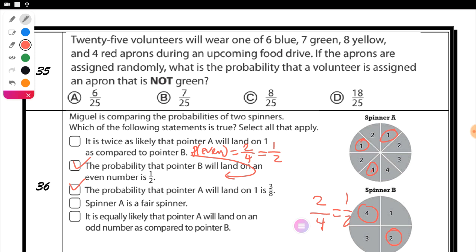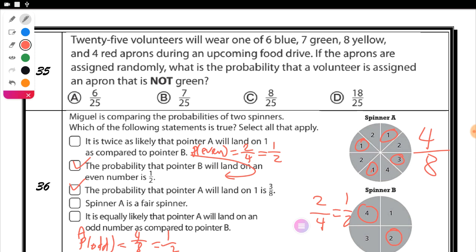Last one, it is equally likely that pointer A will land on an odd number as compared to pointer B. So in pointer A, it will land on odd numbers. Odd numbers are 1, 1, 1, and 3. So it's 4 over 8. So P of odd at spinner A equals 4 over 8, which is equal to 1 over 2.